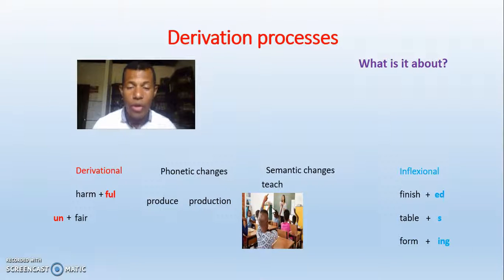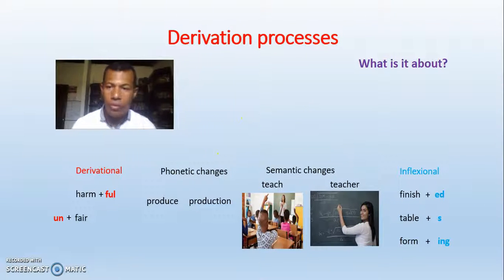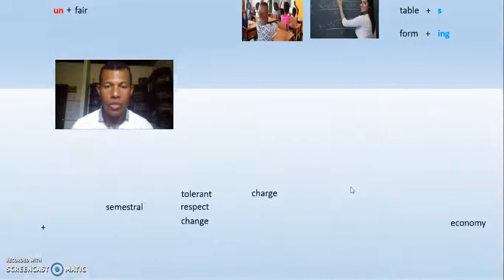So you must be aware of these changes. With this picture, we have to make a distinction between the action of teach and the noun of teacher. That's also part of the semantic changes that occur when we add a suffix. So that's why it's important to stick to this presentation.